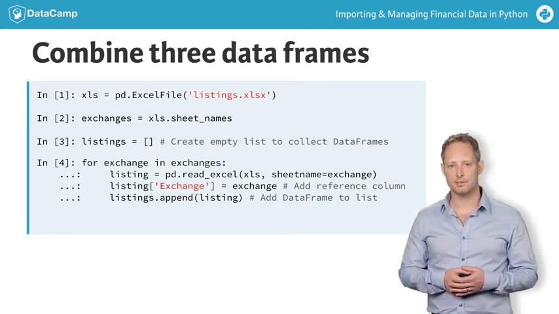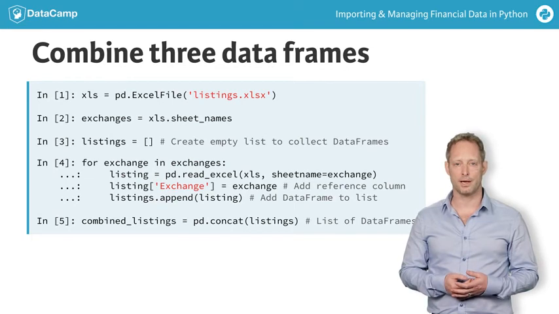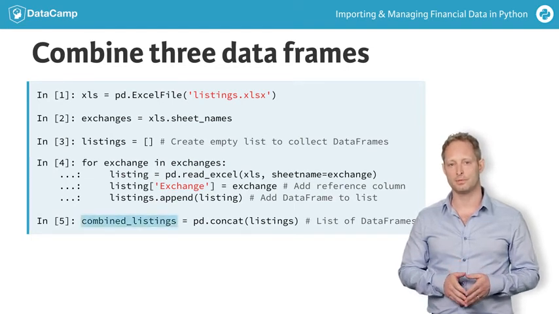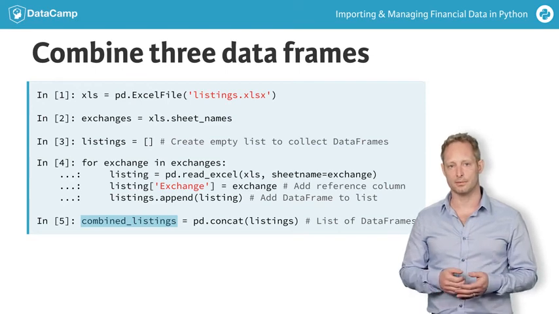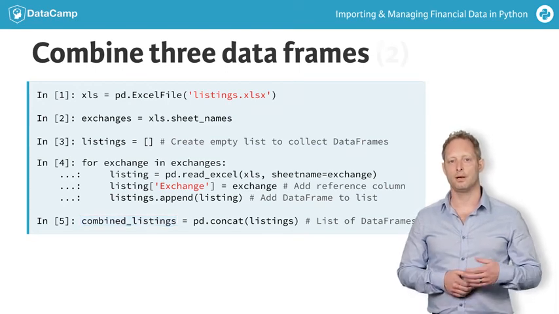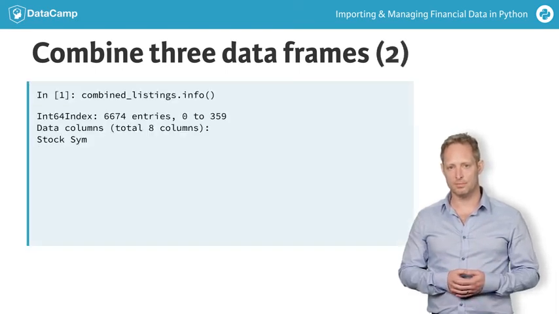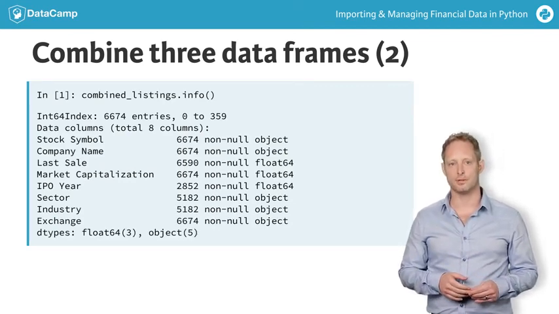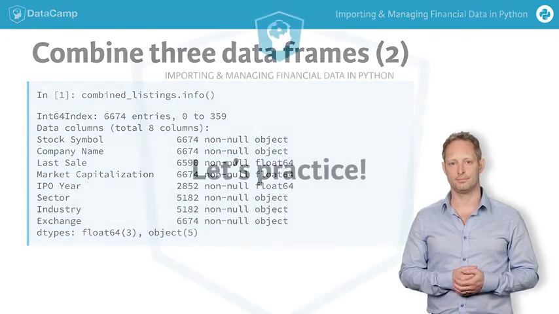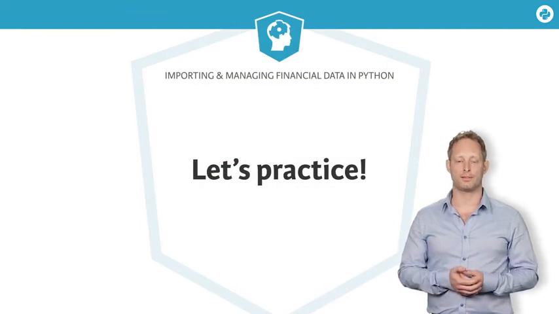You can use this list as argument for pd.concat to combine the 3 data frames and assign the result to a new variable called combined_listing. Inspecting the result using .info shows that combined_listing now contains 6,674 rows, the companies reported as listed on the 3 stock exchanges. Let's now move on to practice your new skills.